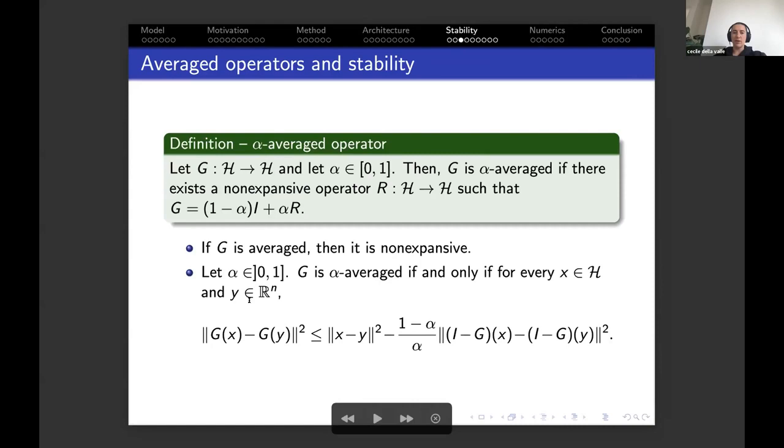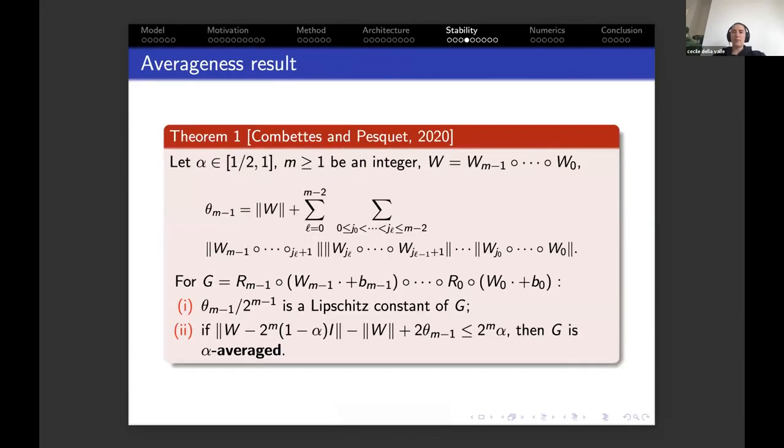In particular, the output of G is bounded by the input. So I show you here a theoretical result from Combettes and Pesquet that we used in our work.